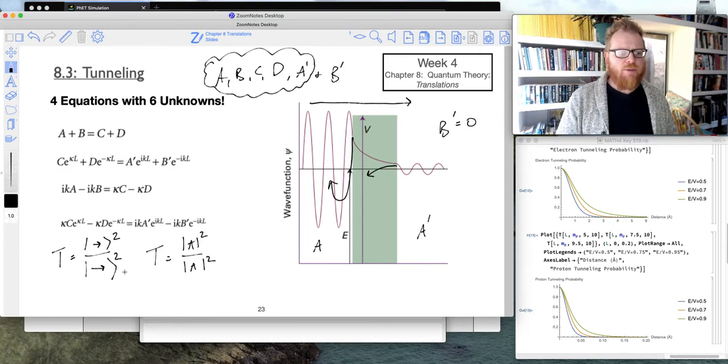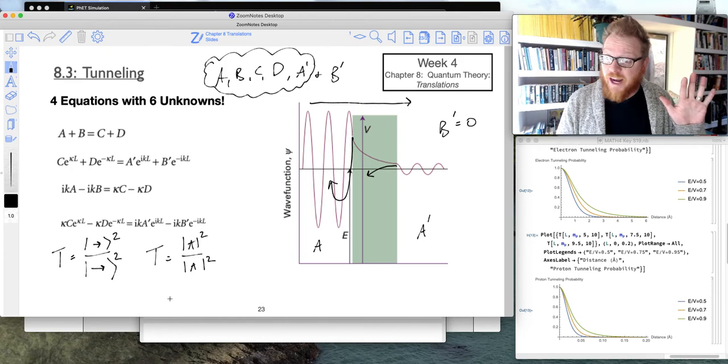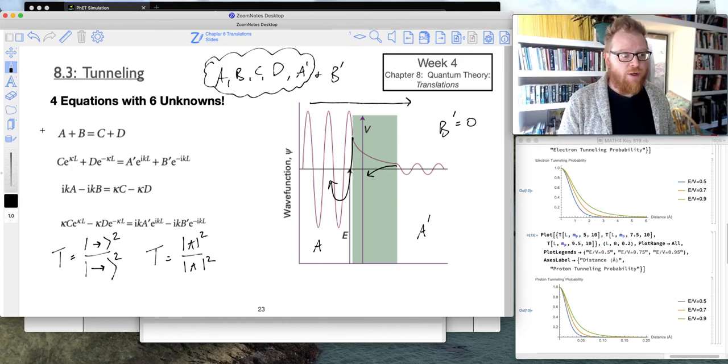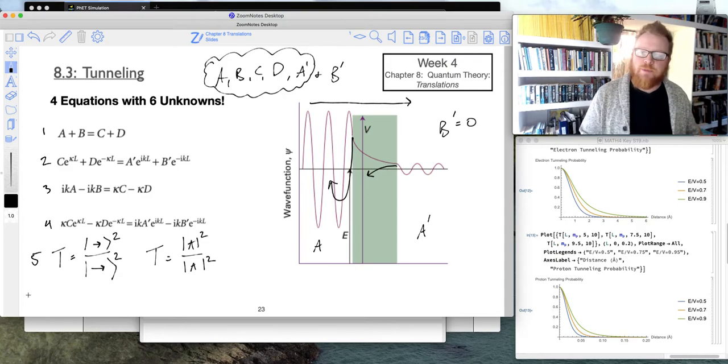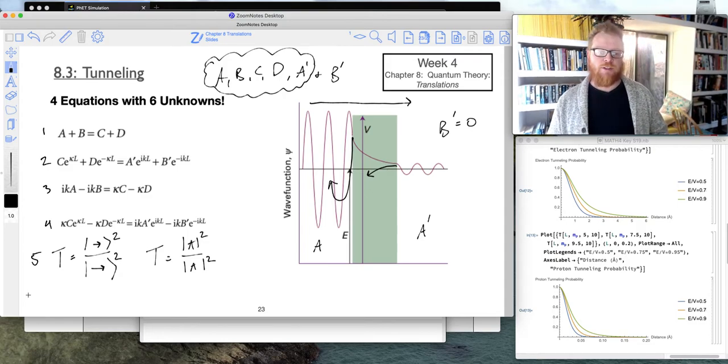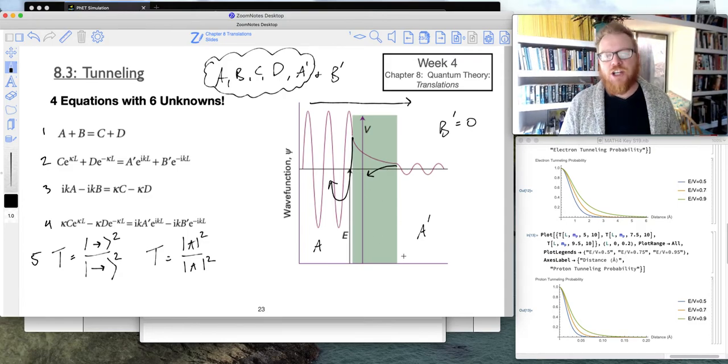Last time I got this transmission thing backwards. The idea is the 5th equation that we can come up with. So here's 1, 2, 3, 4, and then 5, is noting that the transmission probability of this particle is going to be a ratio of its amplitude in region 3 to its amplitude in region 1.